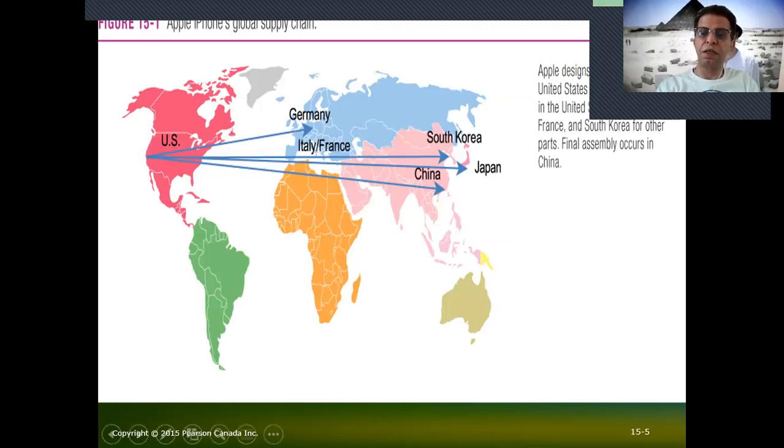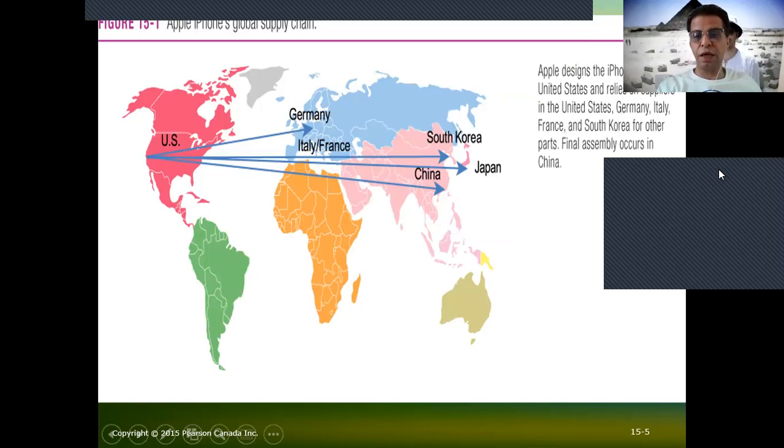Apple designed the iPhone in the USA and relies on suppliers in the United States, Germany, Italy, France, and South Korea for other parts, and finally assembly occurs in China and it is sold around the world.